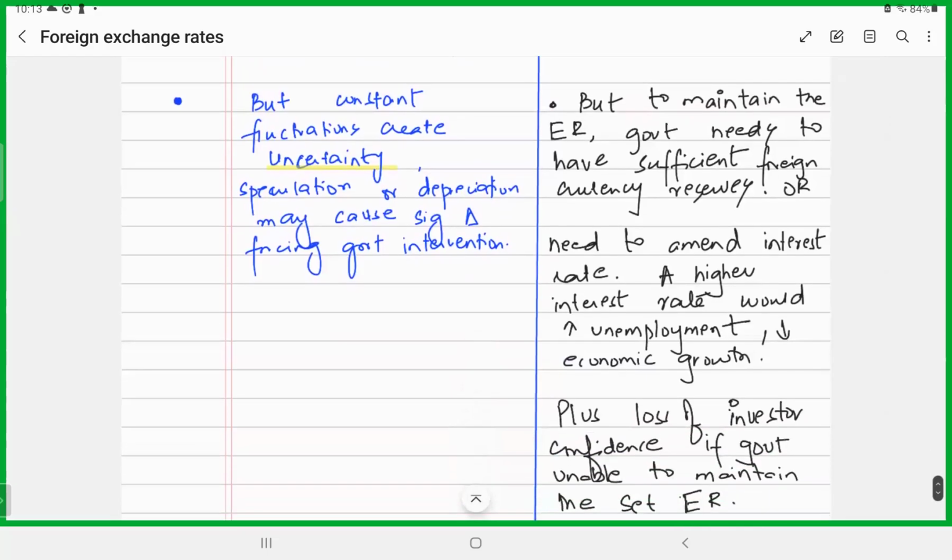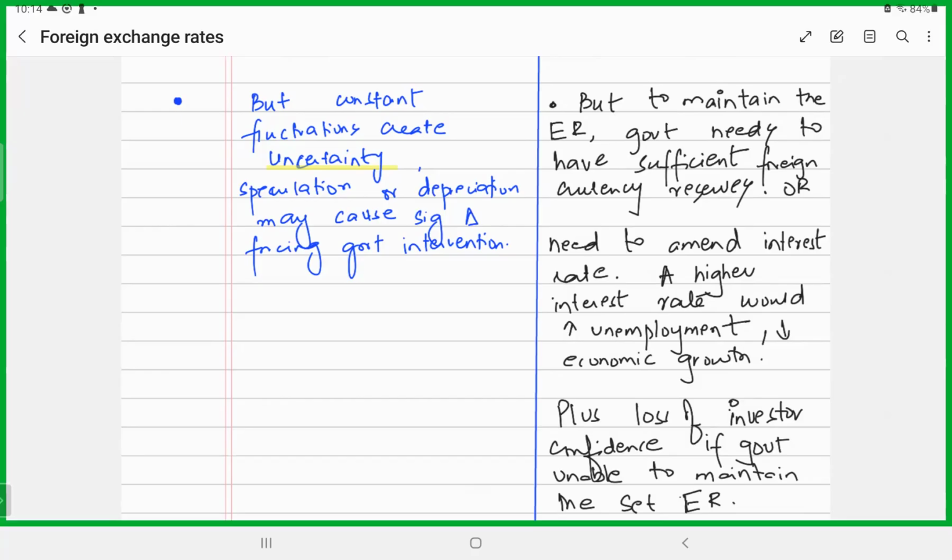A higher interest rate would mean that unemployment would rise, because firms would not be able to borrow at competitive rates, right? As a result, they would shrink their operations.